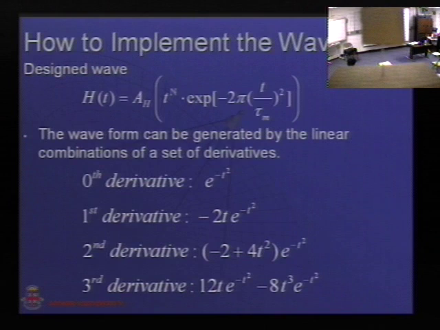Now, how do we design such a waveform? We can do a little mathematics. If you take the 0 order, it is just e to the minus t squared, not considering the constants. The first order is this one, the second order is this one, and so on. What you want is a waveform Tn of high order, such that some of these terms cancel out.